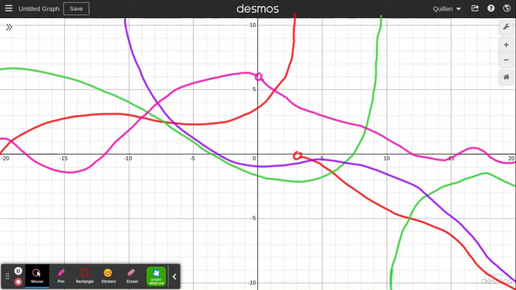Finally, let's look at this red graph. So it starts at the axis and it goes up, it asymptotes at x equals 3, and then there's a hole at x equals 3, and then it comes back from the axis and goes down.